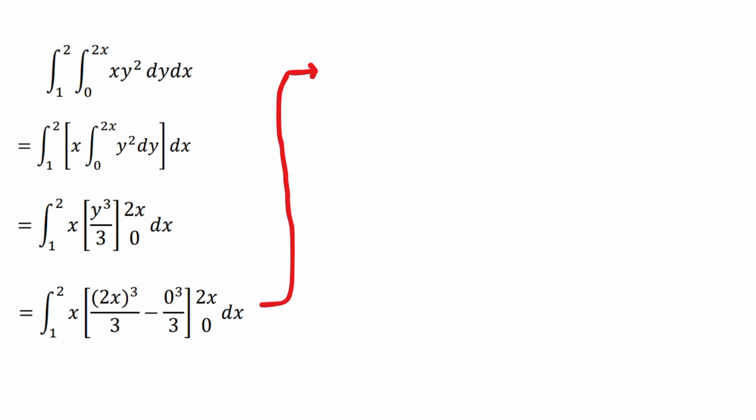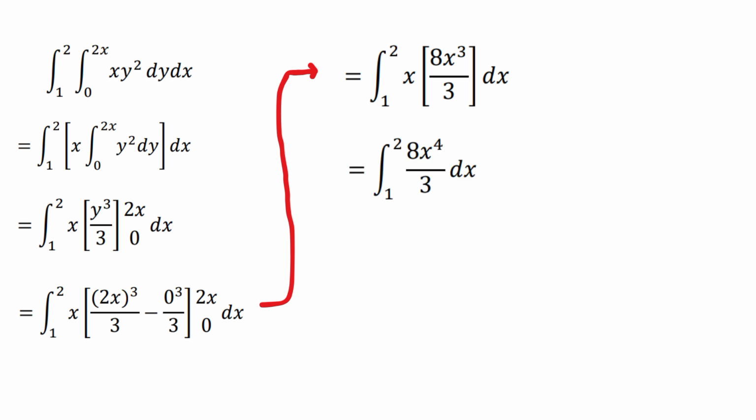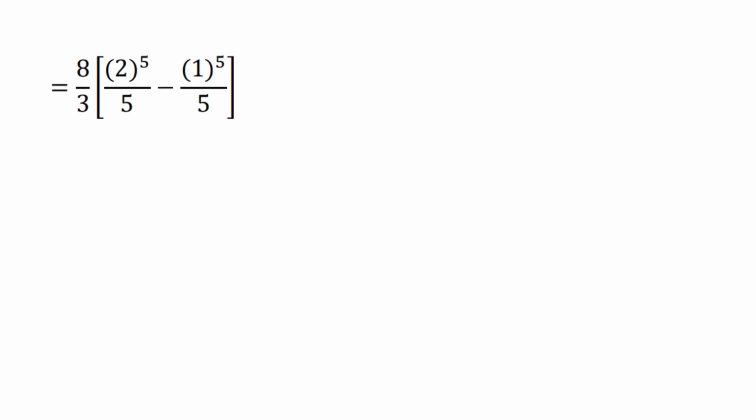By applying the rule of exponent, we have 8x cubed all over 3. Next is multiply x to our 8x cubed all over 3. And now we can integrate the 8x raised to 4 all over 3 dx from 1 to 2 by applying the power rule. Next is substitute 1 and 2 to our x. 2 raised to 5 is equal to 32.